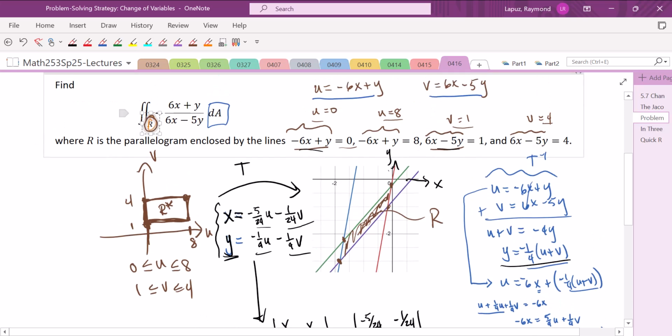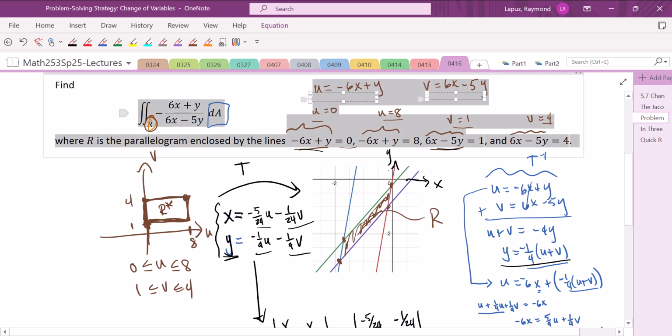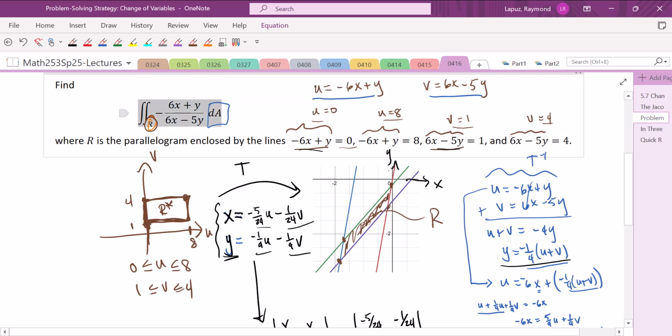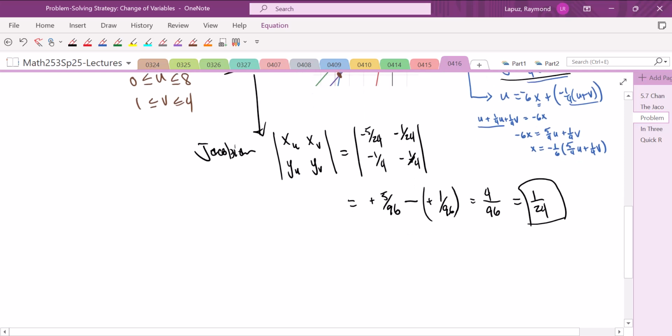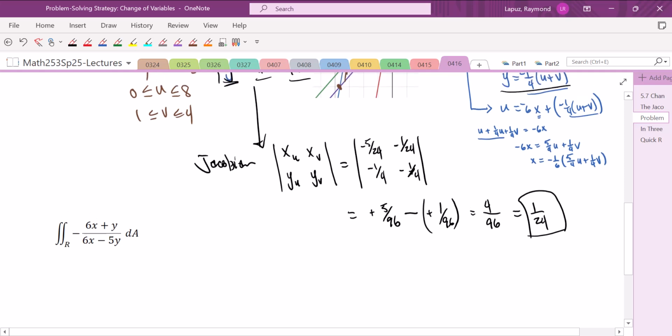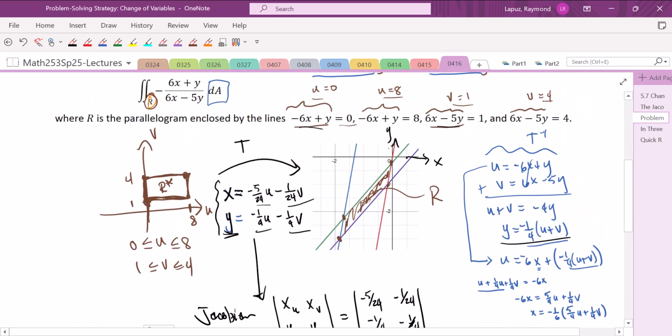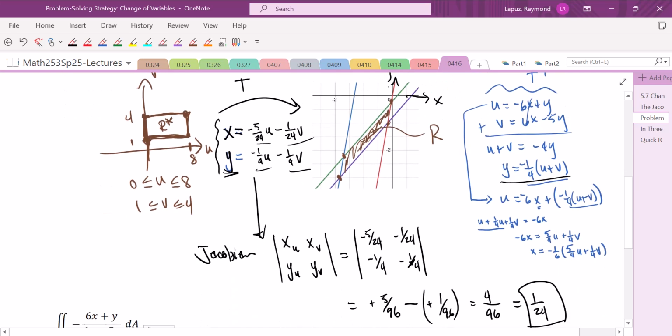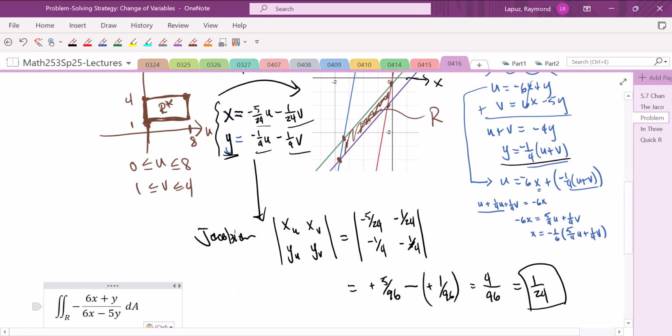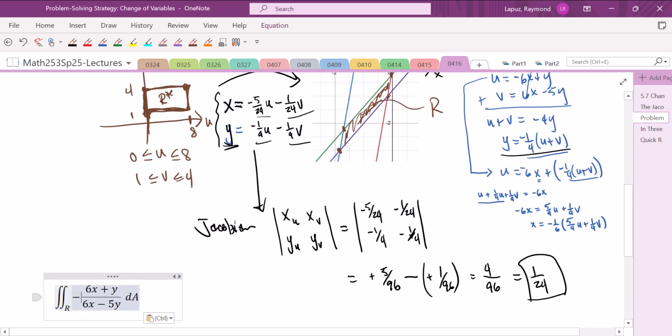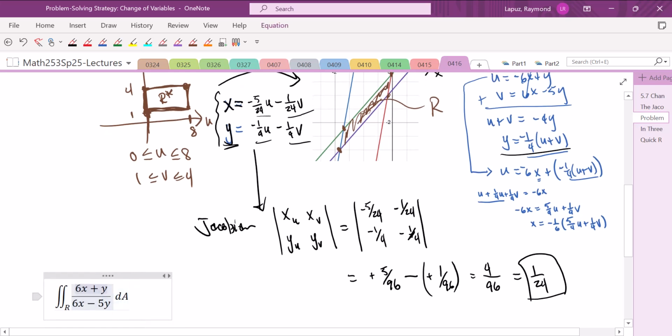Actual integral that we're integrating. Let me see if I can highlight it. So you're going to make the appropriate substitutions. Oh, I'm sorry. I remember this problem.